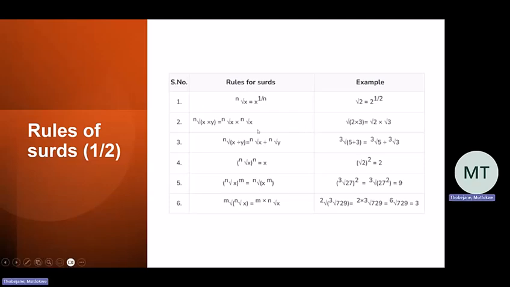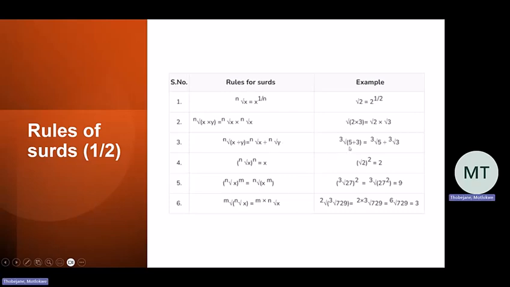Colleagues, now we go to rule number 3. This is the quotient rule we talked about. The n-th root of x divided by y is equal to the n-th root of x divided by the n-th root of y.